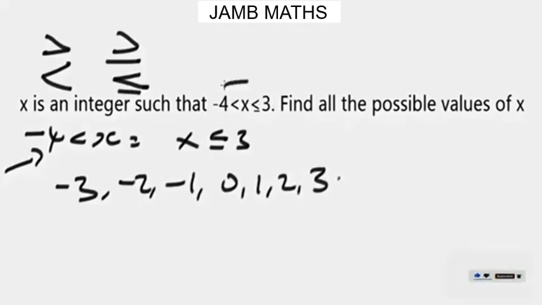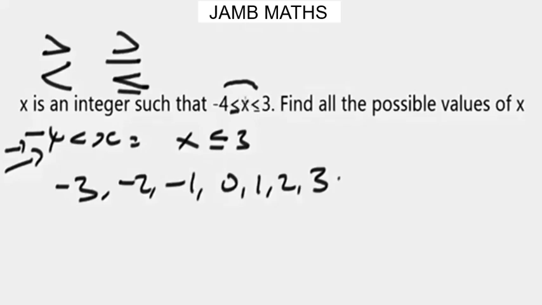If you interpret this inequality here, -4 less than x less than or equal to 3, this one here will give us the compass to start with, since what it means here is that x is greater than -4. That means -3 is greater than -4. So we're going to start with -3 and not start with -4. Now, let's say the question is in such a way that -4 is less than or equal to x less than or equal to 3.